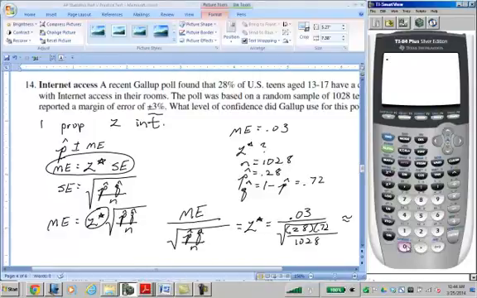So we'll have 0.03 divided by the square root of 0.28 times 0.72 divided by 1028. And we get z star is 2.14.